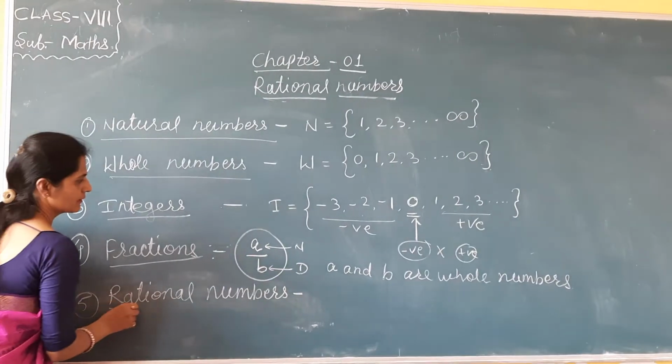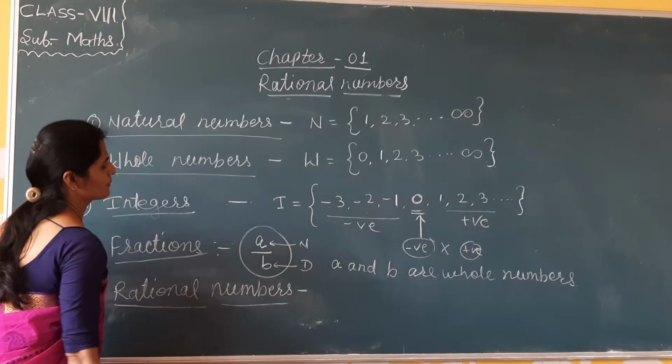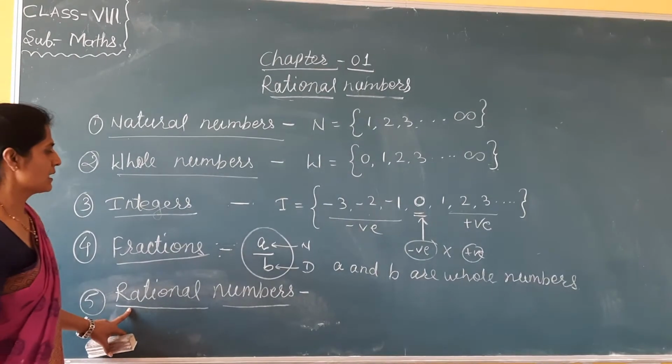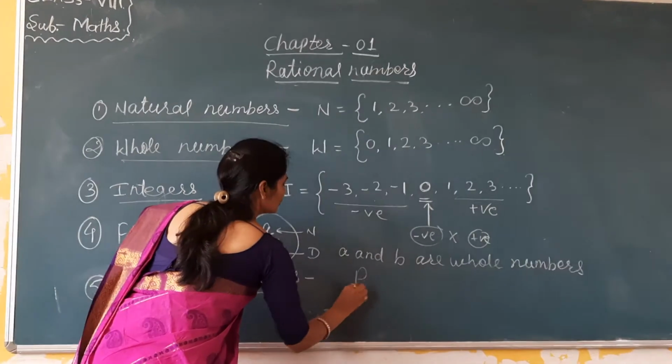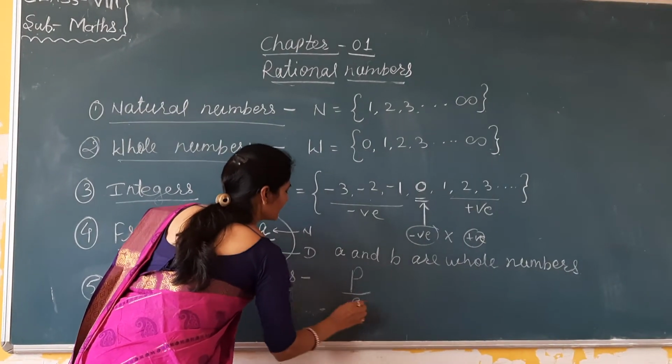Now rational numbers. Rational numbers are in the form of p upon q. You can take here any alphabet.